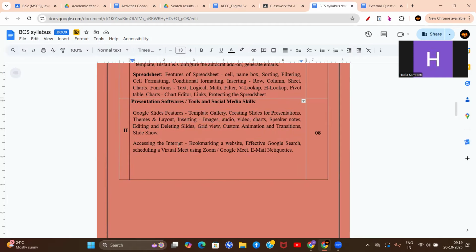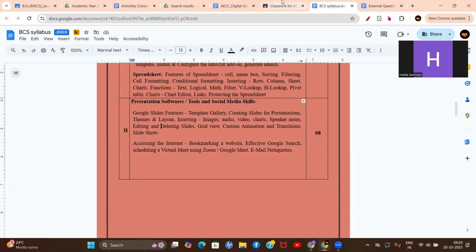Also, as an optional question, you have been asked about effective Google search, or virtual meet using Google Meet, etc. So, whichever you are comfortable with, if you learn all these questions related to Google Slides, any question that is asked from Google Slides, you will be able to answer.